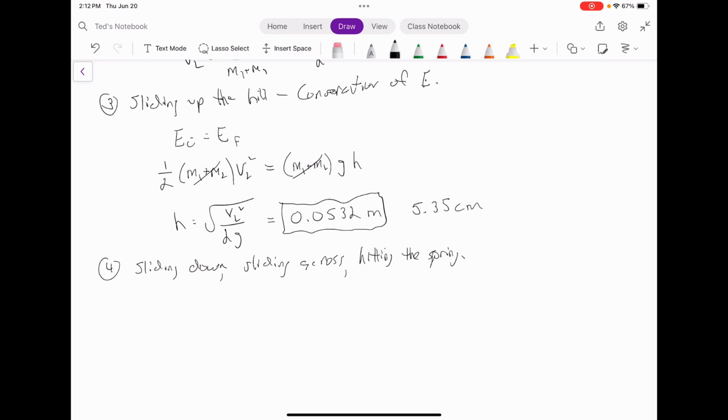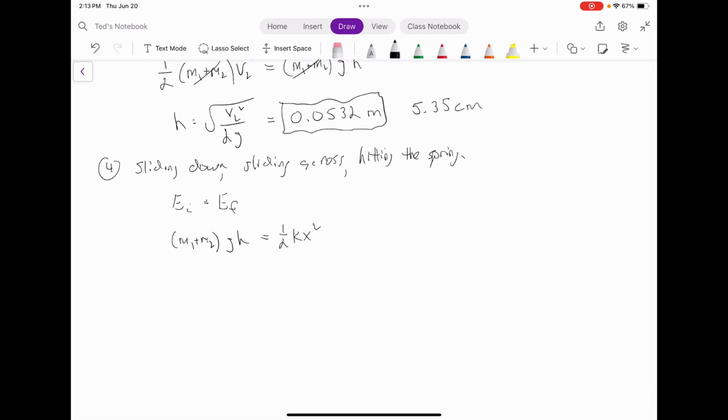There's no friction sliding across the horizontal surface, and hitting the spring also conserves energy. So for this whole process, we can do energy initial equals energy final, which means m1 plus m2 times gh is equal to 1/2 k x squared.